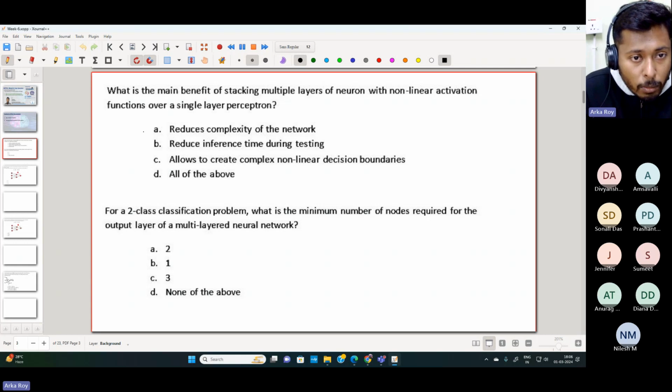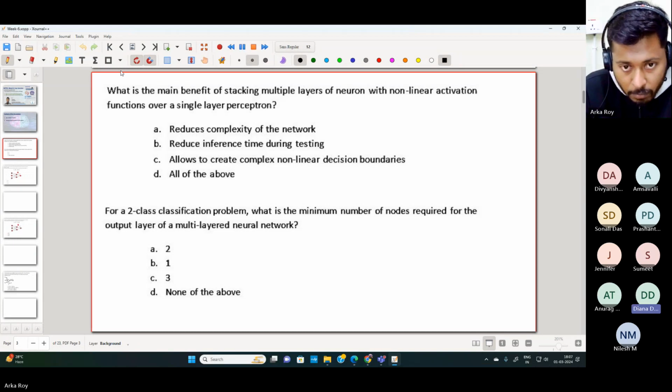Can any one of you tell me whether A is correct or not? And not just yes or no, please give me the reason as well. If A is the correct option, then why? And if it is the other way around, what is the reasoning behind that? Yes, anyone?